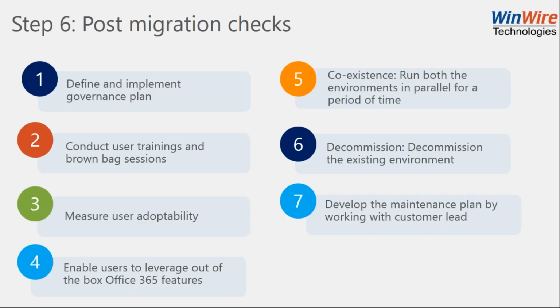Forming a governance committee is an important activity. So form a governance committee, define the governance standards, and then start implementing it. It doesn't need to always be post go live. You need to start doing it even before go live, but the implementation will happen after the go live, right?